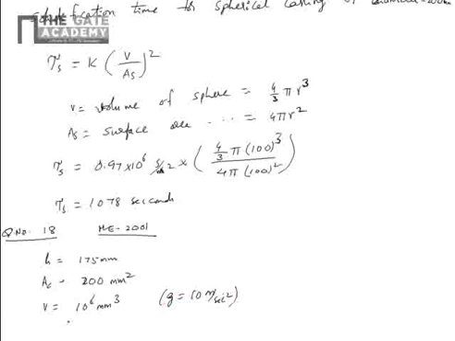He is asking for the filling time. Filling time Ft equals V by A into velocity. So here the volume he has given is 10 power 6, area 200 into root 2g, g is given as 10, H is given as 175.